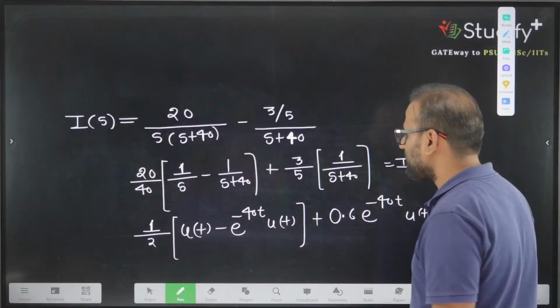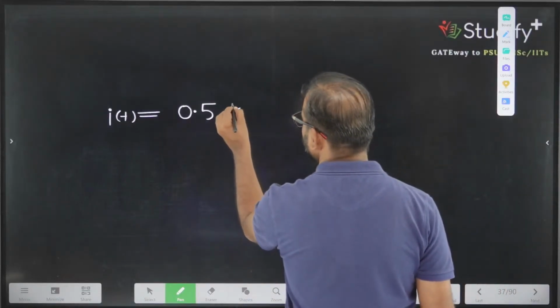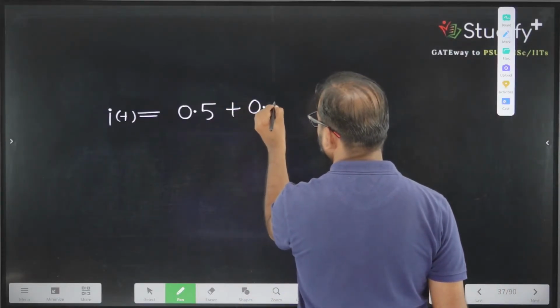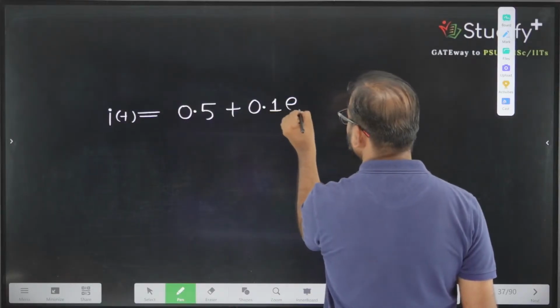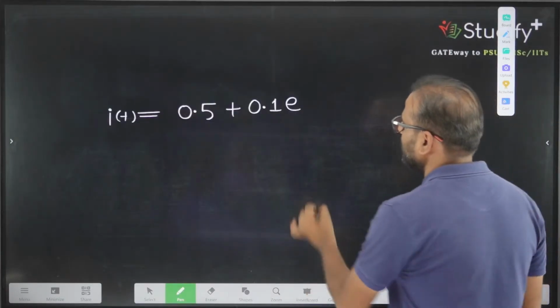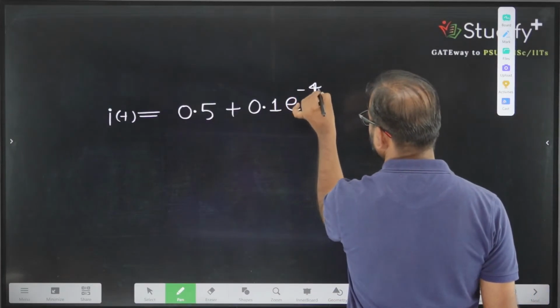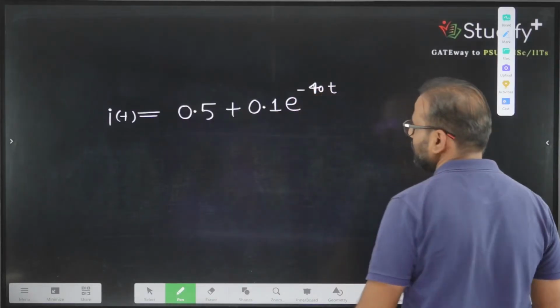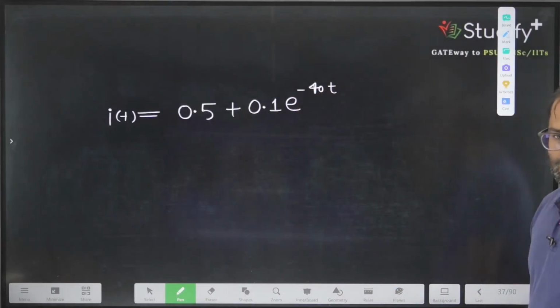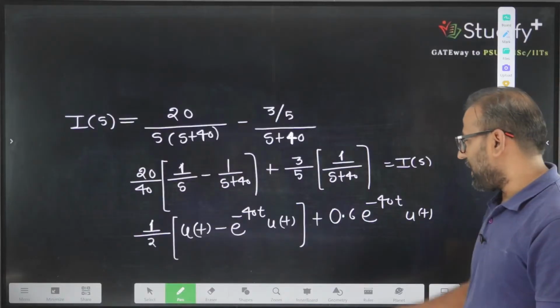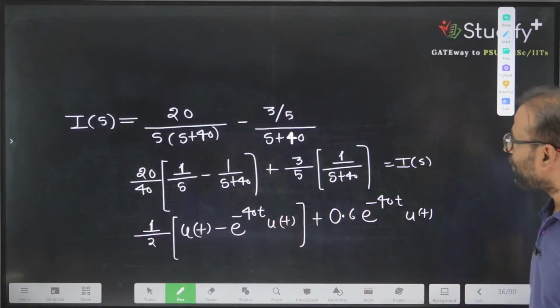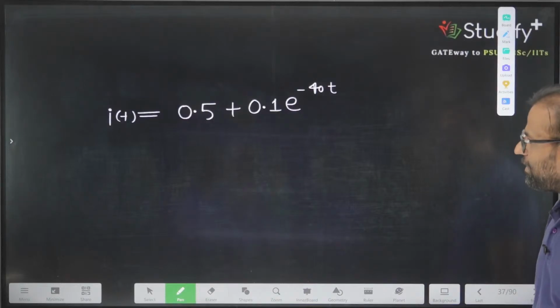Minus 0.5 plus 0.6 is 0.1. 0.1 into e to the power minus 40t. So what is the behavior of minus 0.5 plus 0.6? It is 0.1 into e to the power minus 40t.